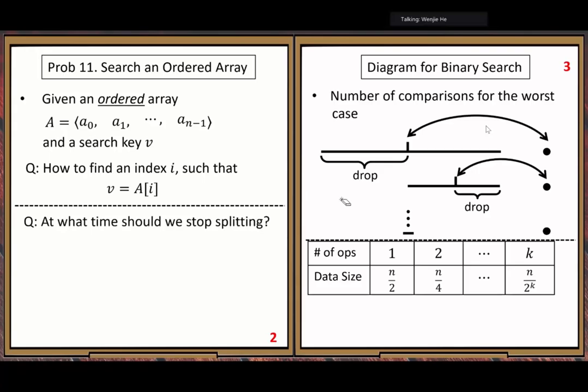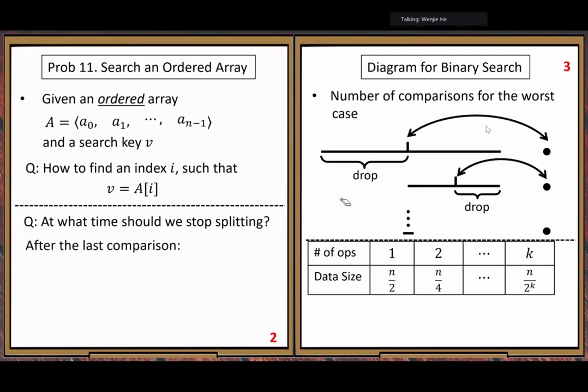So at what time should we stop splitting? Here we need another criterion to give us the stopping condition. Because at this point we don't know it, right? We don't know what the stopping condition is. So we need to study that.